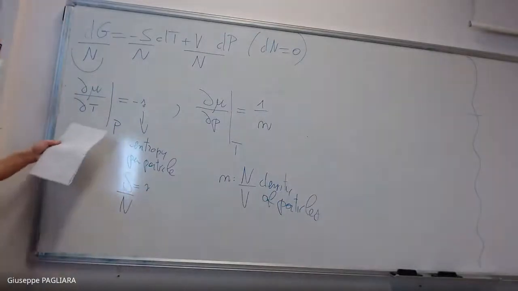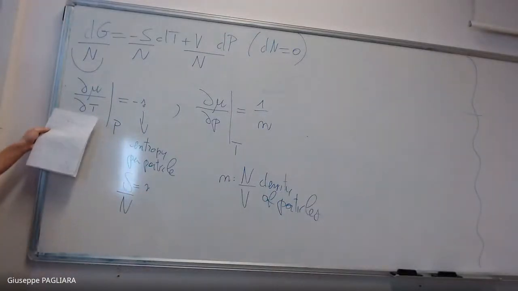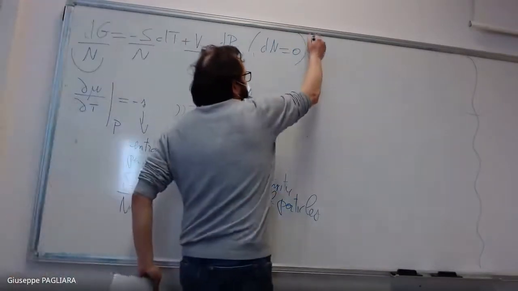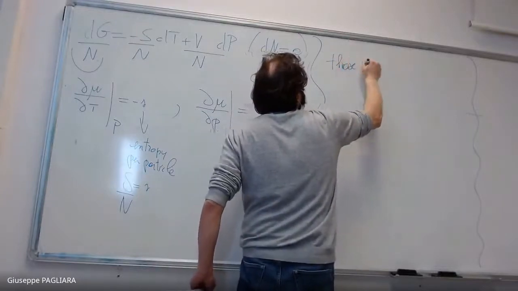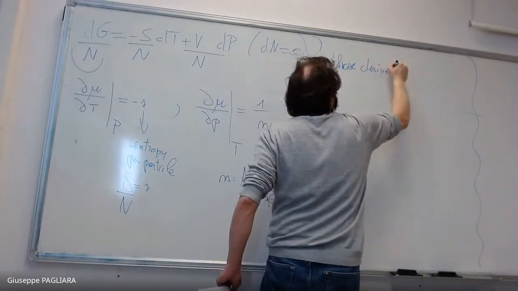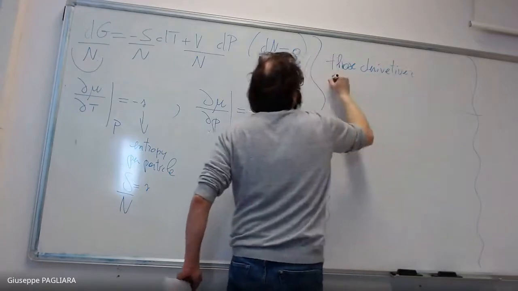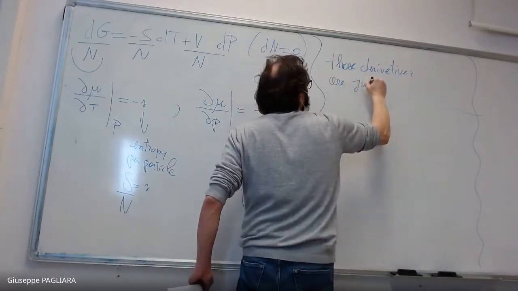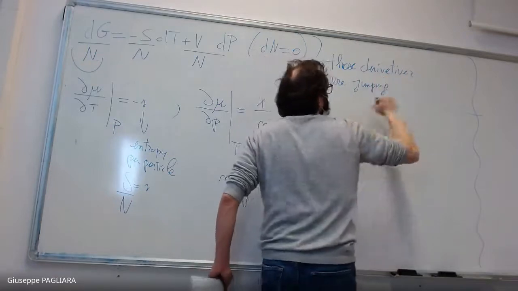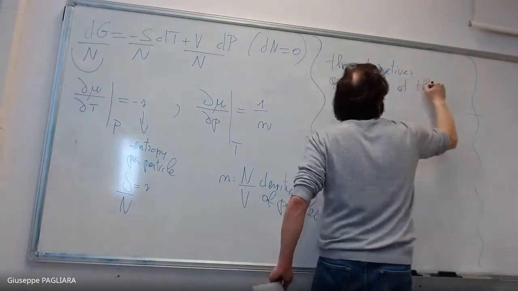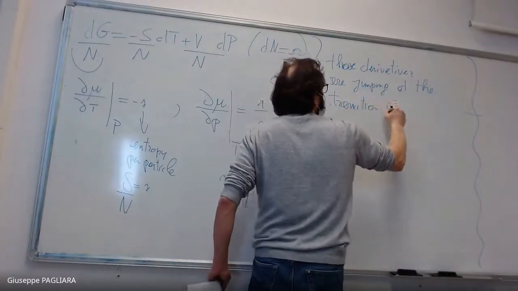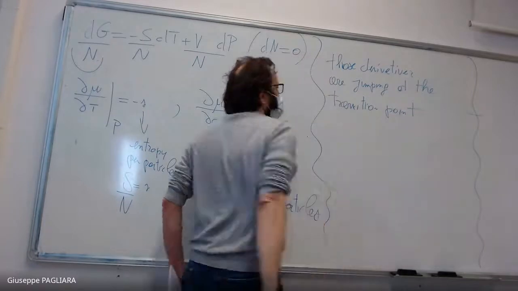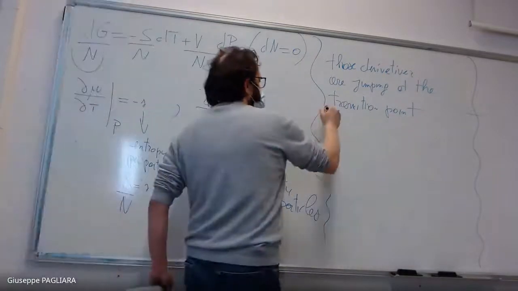Okay. So I see that these two derivatives are minus s and minus 1 over n, and for what I said before, those derivatives are jumping at the transition point for what we said in first order phase transition.